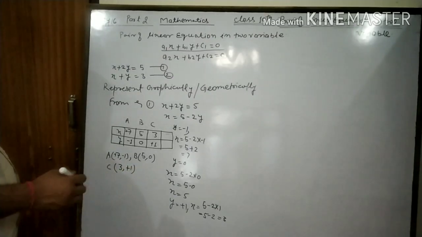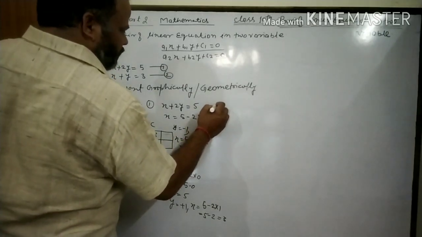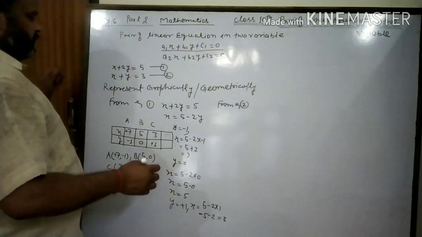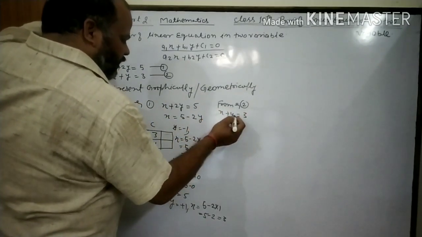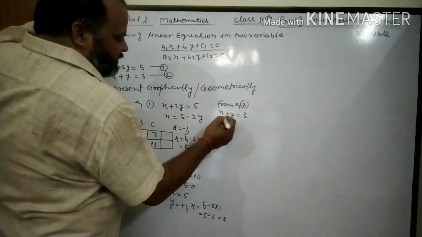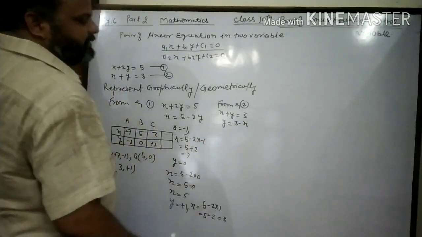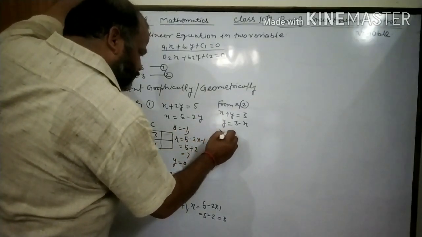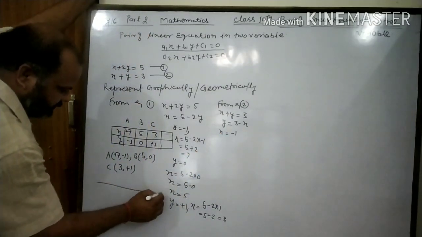Then after doing the same process for equation 2, from equation 2, here x plus y is equal to 3. Now you are free to write in any form, like in the form of x or y. Then here we can write in the form of y. Y is equal to 3 minus x. Clear? Then first of all, you put x is equal to -1, and we make another table.